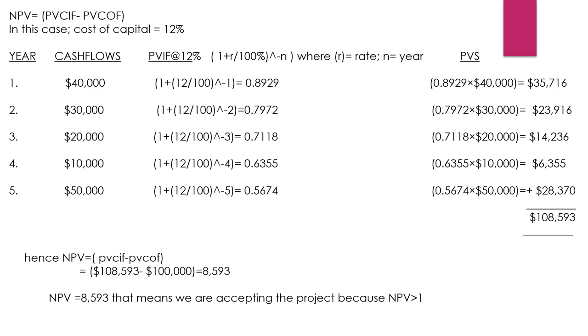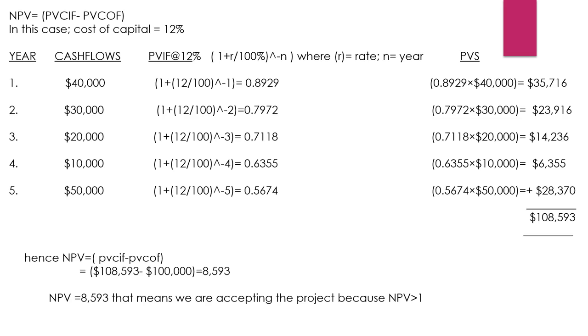So the fifth year, cash flow is $50,000. So 1 plus 12/100 raised to power -5, because in the fifth year the value you get is 0.5674.